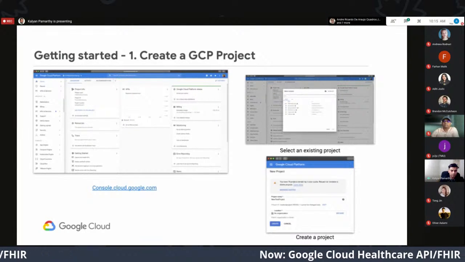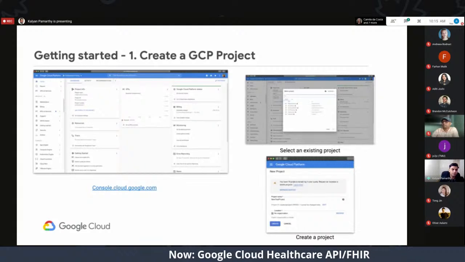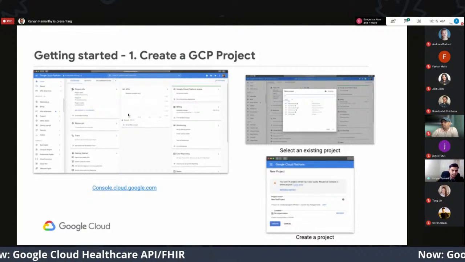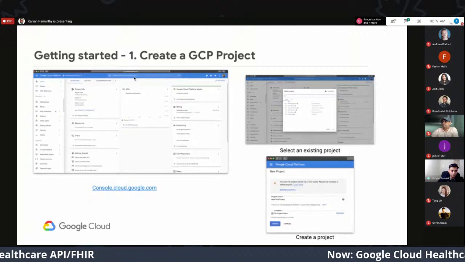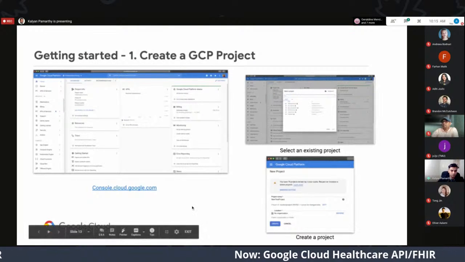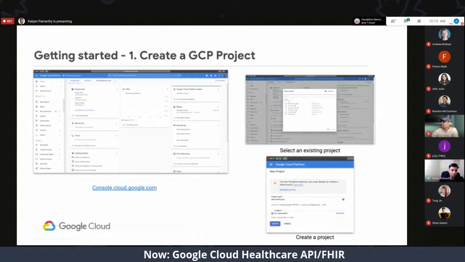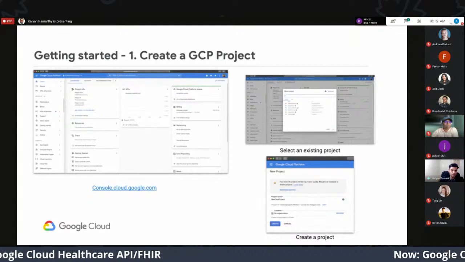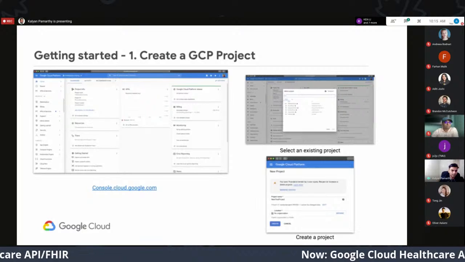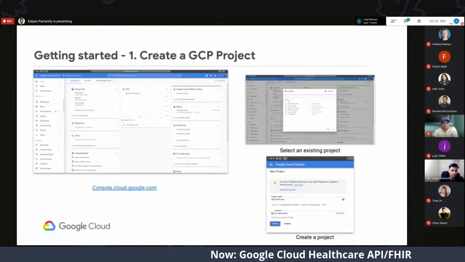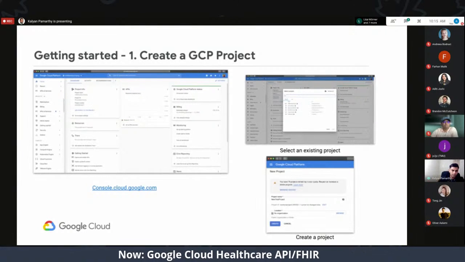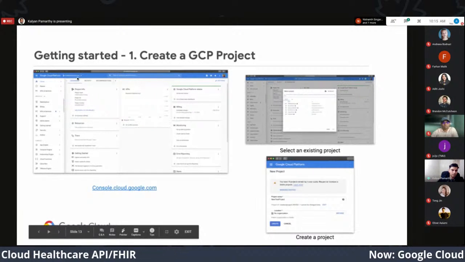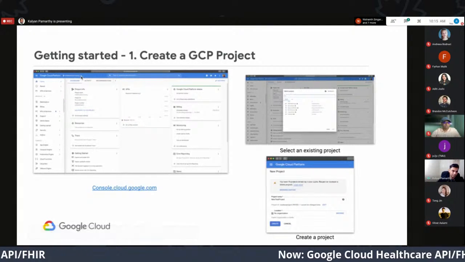And then if this is the first time you're using Google Cloud, it could be a little overwhelming, but there's a search bar on the top of the screen, and you can use that for searching for a variety of different things. If you put healthcare in there, one of the first search results will be HealthKit API. And so use that to navigate your way around the Cloud Console. But one of the things you'll see at the top here, right next to Google Cloud Platform, is your project selector.